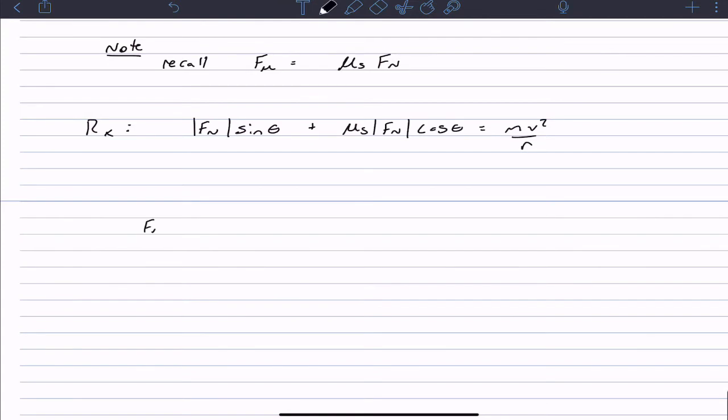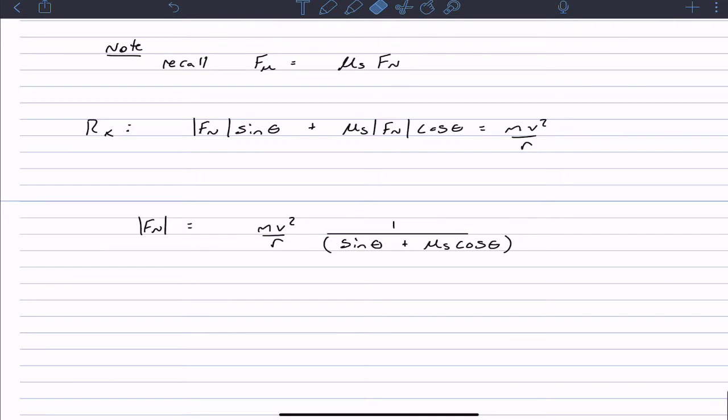Now we have Fn is equal to mv squared over r times 1 over sine theta plus mu s cosine theta, which actually looks a little familiar because we just did a problem like this in the last lecture.